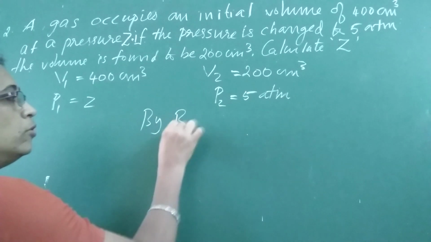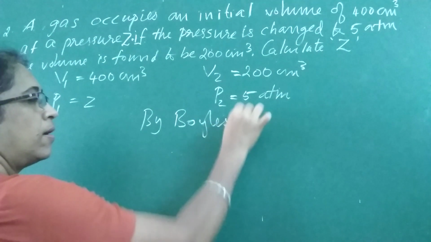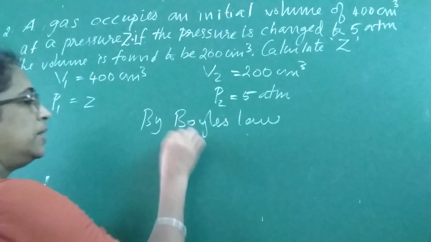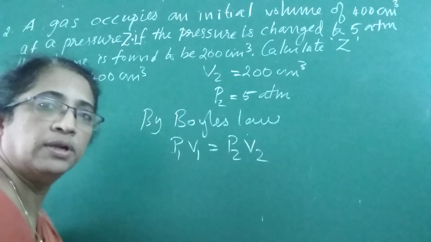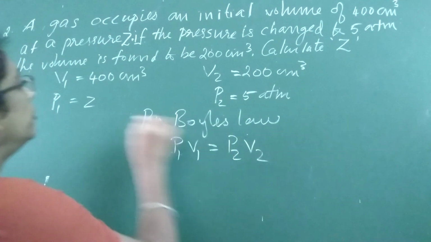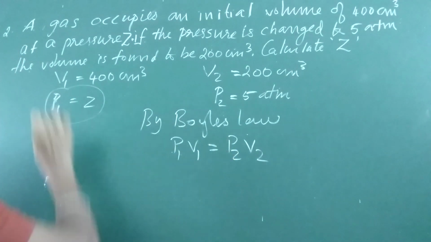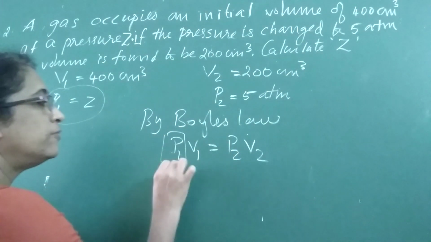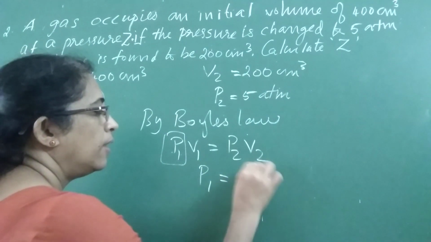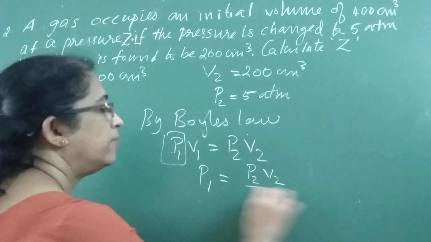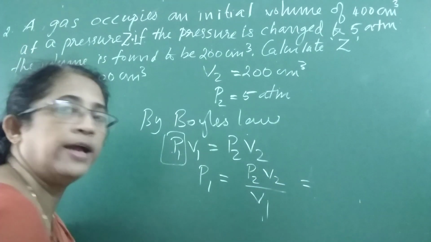At constant temperature, by Boyle's law, write the equation. P1 V1 is equal to P2 V2. Which parameter is unknown? Initial pressure P1 is unknown. So write the equation for P1. From this expression, P1 is equal to P2 V2 divided by V1. Then substitute the values.